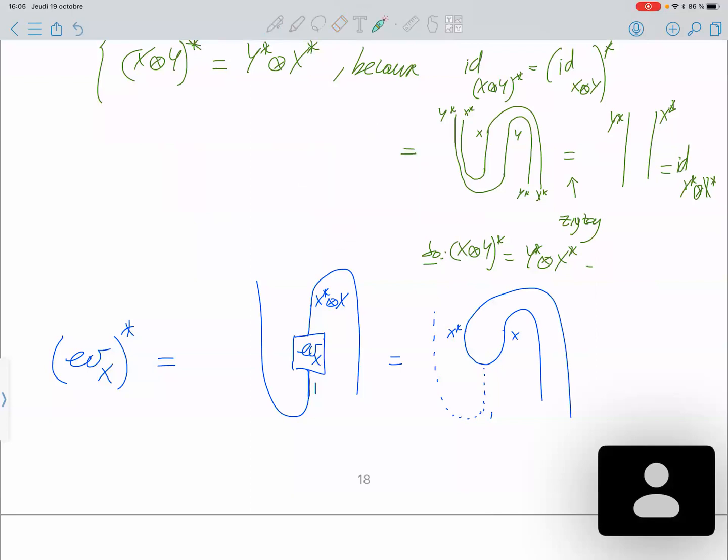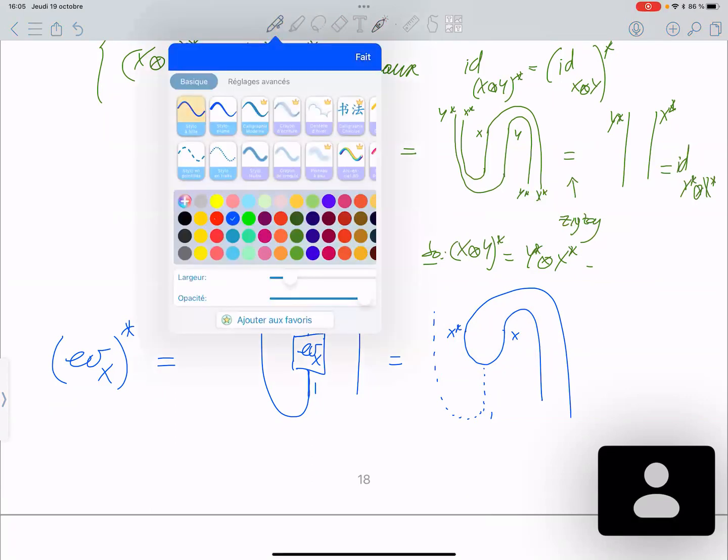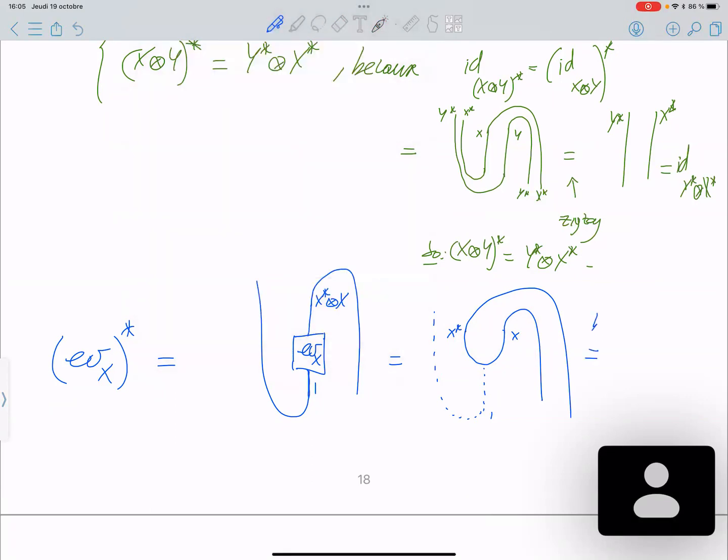You consider this zigzag relation, so you get it like that. This zigzag, all this is just this one.